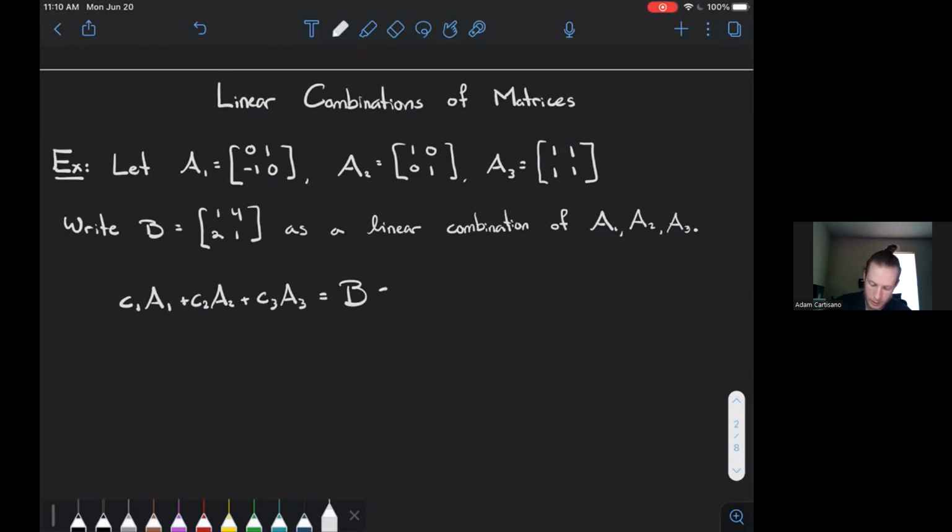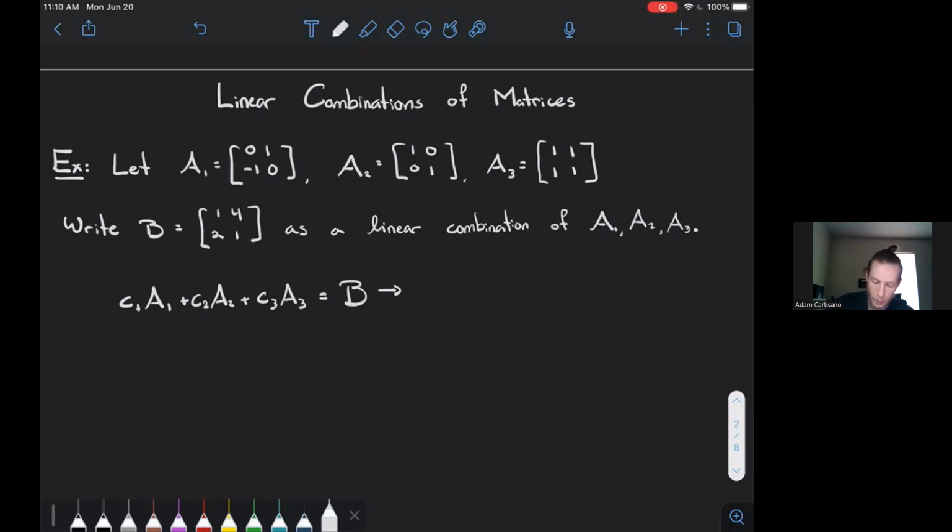Well, this gives rise to a linear system, right? By the way that matrix addition works, we have to add matrices together component-wise.